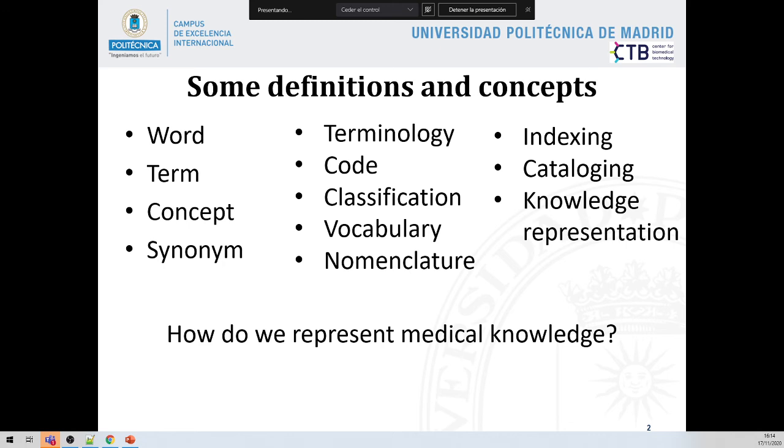These semantic technologies offer a good knowledge representation framework to create relationships between medical concepts, and different ontologies can be created to represent different kinds of concepts in the medical domain.